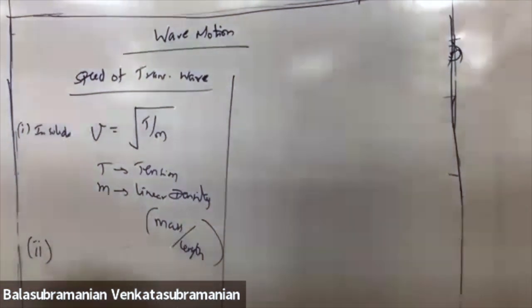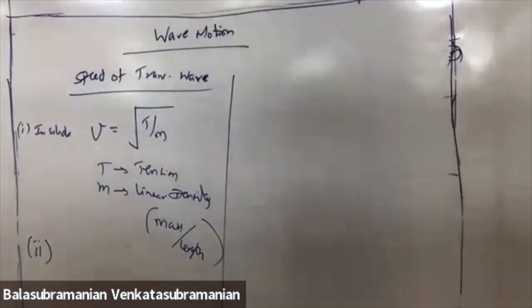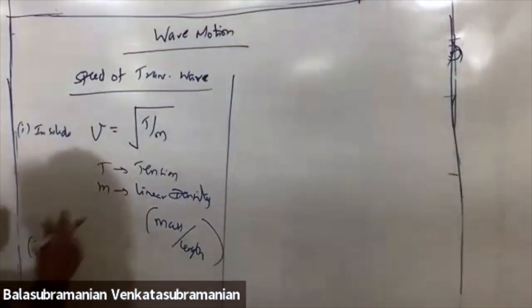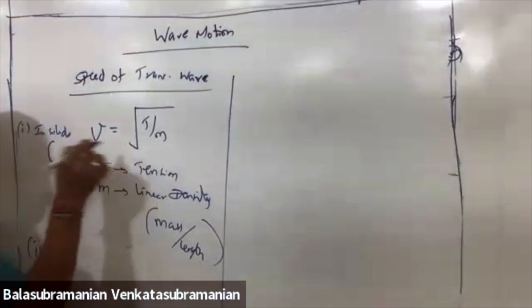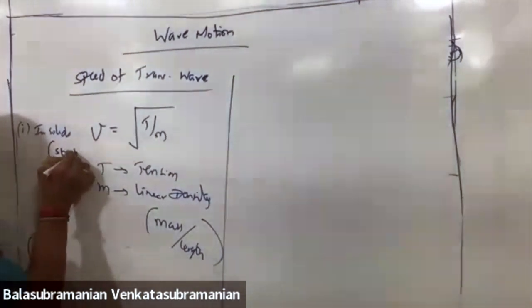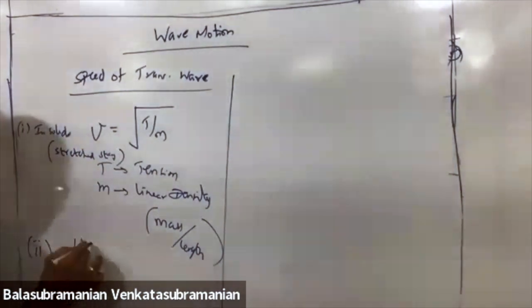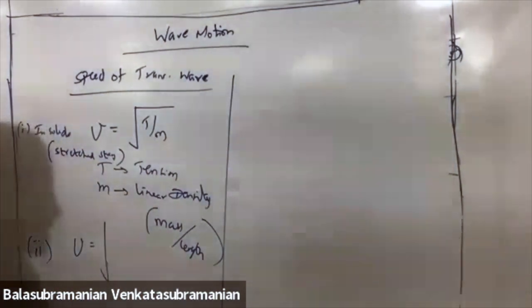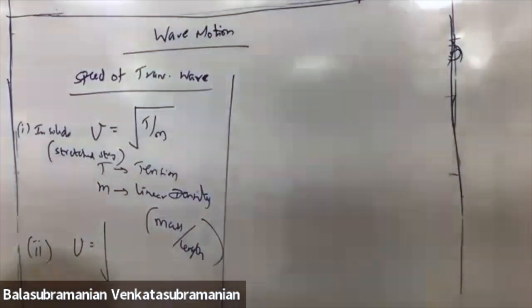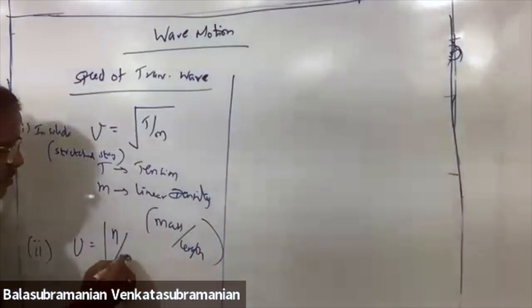Transverse wave in solid, we have seen V is equal to root of T by m. This is for a specific case, stretched string. Another formula also we can write, that is root of eta by rho.